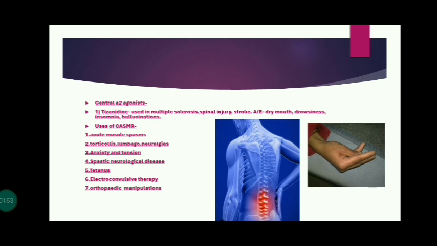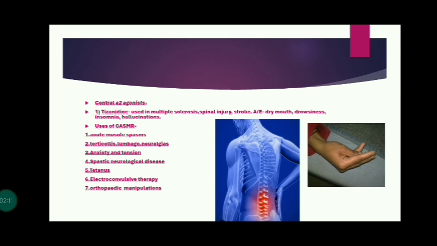The next category is central alpha-2 agonists. Tizanidine is used in multiple sclerosis, spinal injury and stroke. Its adverse effects are xerostomia, that is dry mouth, and drowsiness. It is also used in insomnia and causes hallucinations.